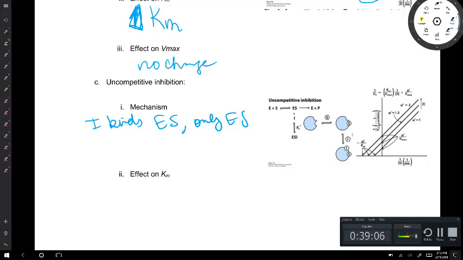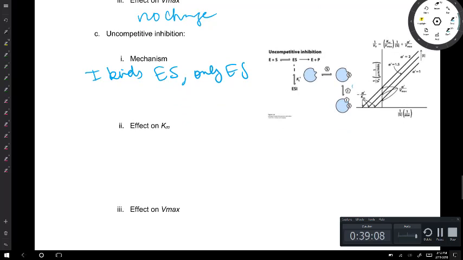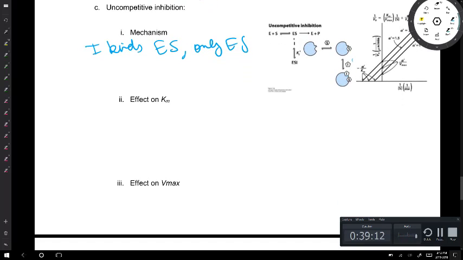And so in this case, when the inhibitor binds, it's going to affect both the Km and the Vmax, and it's going to affect them proportionally.